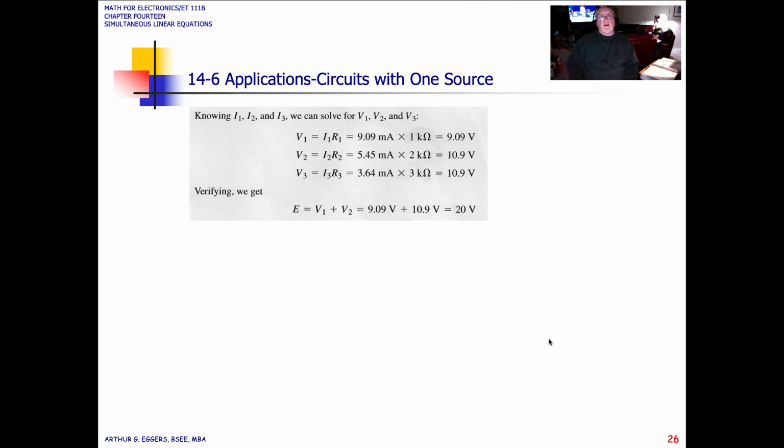Knowing I1, I2, and I3 now, we can solve for each of those voltage drops using the variation of Ohm's law: voltage is equal to current times resistance.